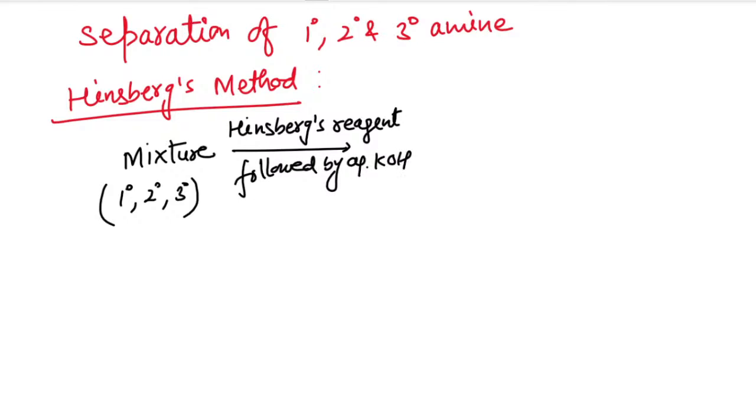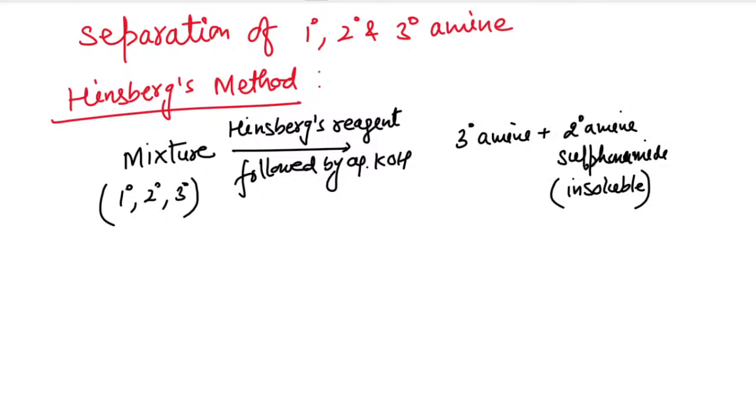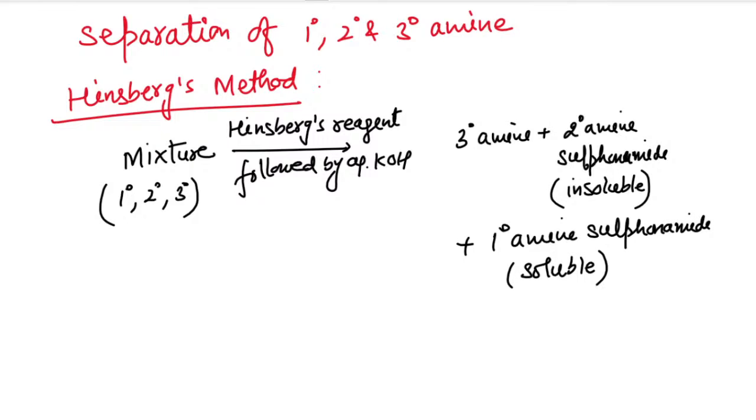You know, tertiary amine remains as such. Secondary amine forms sulfonamide, which is insoluble, and primary amine also forms sulfonamide, which is soluble. So these are the three products formed.